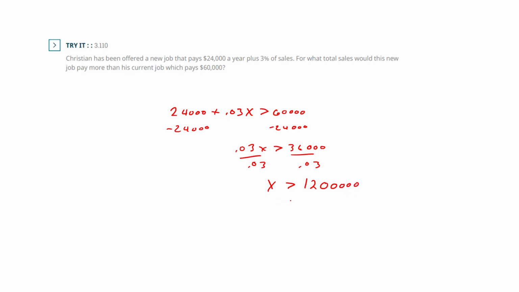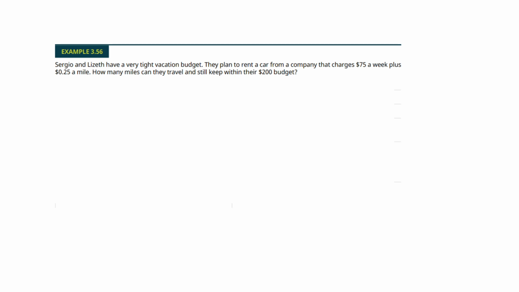Okay, these I don't know what they're selling, but you got to sell a whole lot. So you got to sell 1.2 million in order for him to make more money than that.